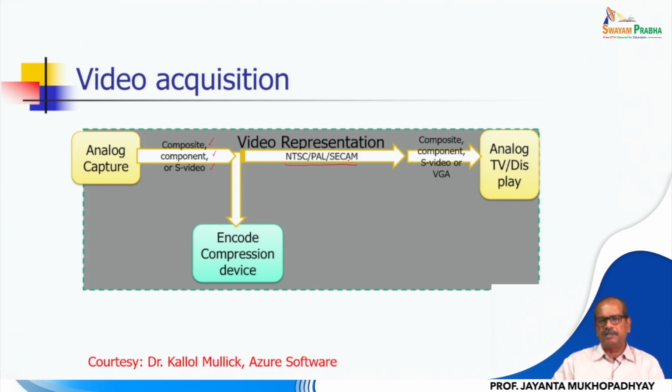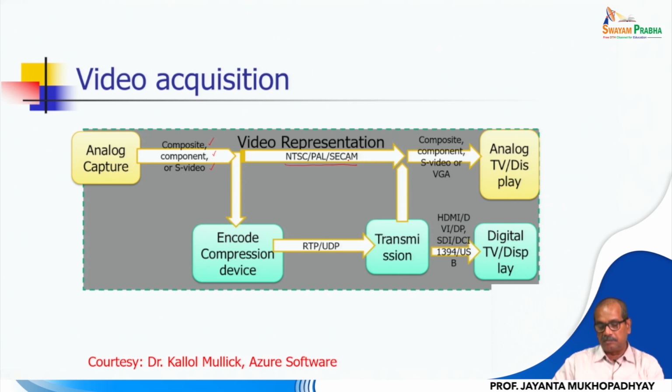There will be a lot of samples, and per sample if you are using say 24 bits for color representation, the size would be huge. So usually they are stored in a compressed format by using compression devices, and those are finally transmitted once again. While transmitting, sometimes we convert them into an analog signal and then transmit it, or we can use any digital display devices to display it or store it, whatever your purpose is.